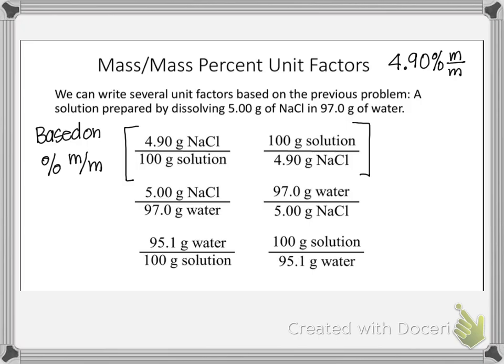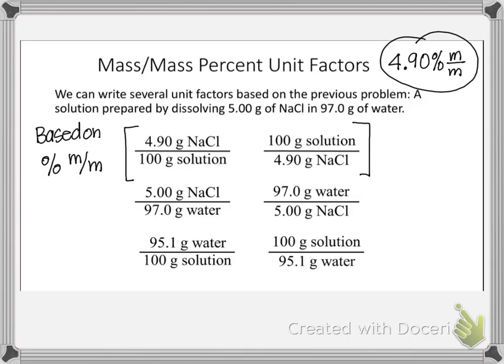So if our concentration we calculated on the previous page was 4.9%, it means that we have 4.9 grams of sodium chloride in 100 grams of the solution. So we can set that up as a ratio, and we can flip it depending on whether we're trying to cancel sodium chloride or the solution.